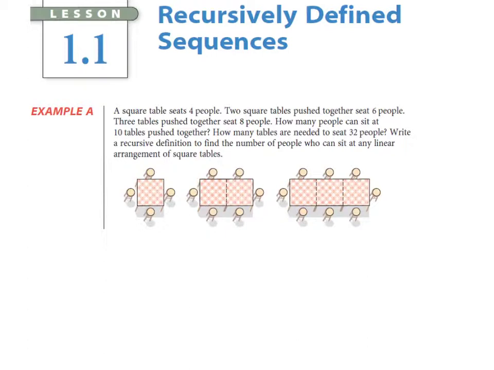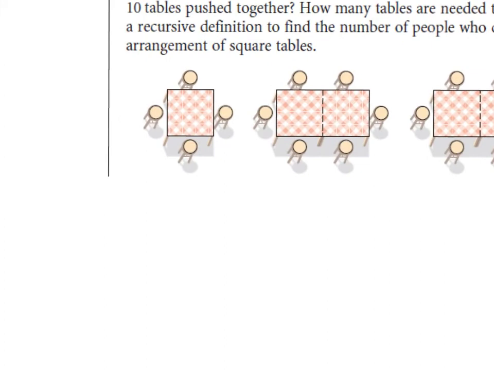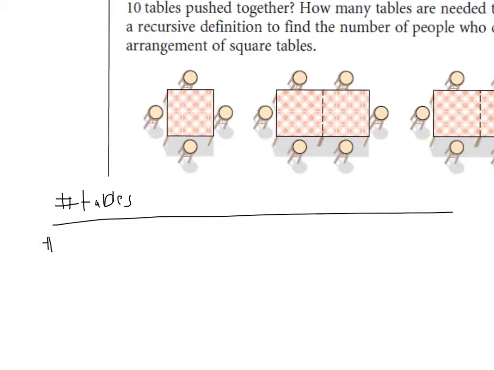Okay, so what we're going to do first is set up our pattern. Okay, and to do so, we're going to start a table. So we're looking at the number of seats, the number of tables that are pushed together versus the number of seats.